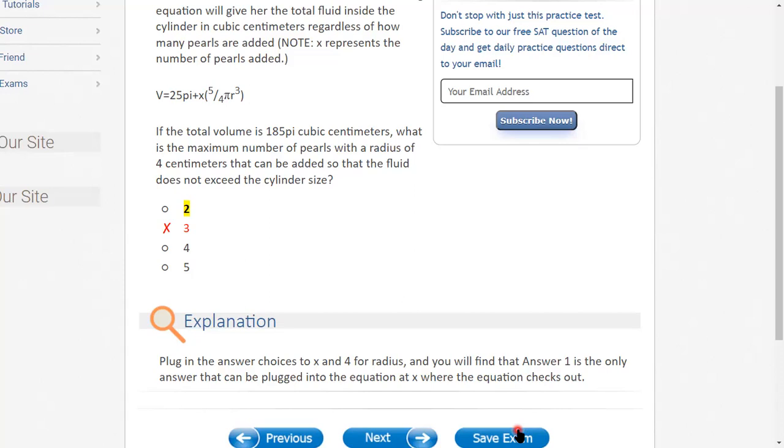Sometimes a long equation is given, and you will have to match this 185 pi. So what you'll have to do is try starting from the first, second, third. You may reach the answer just by trying a few numbers. If you are putting 2, then 2 is replaced. What I mean to say is, plug in the answer choices to X and 4 for radius.